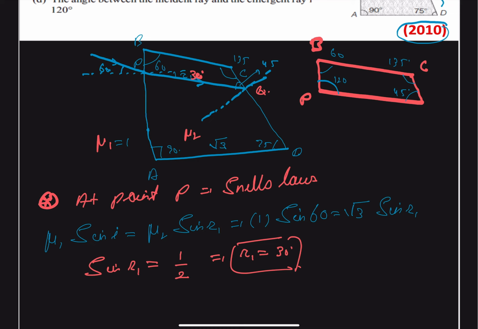And here this is our normal, so we are going to have this as Q. So therefore we can say that the angle of incidence of the ray, this angle, will also come as 45, because the entire angle has to be 90 degrees.